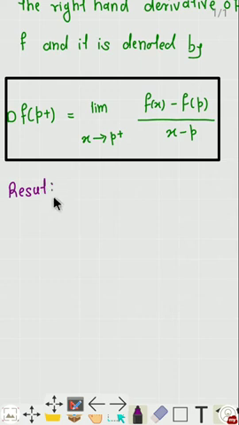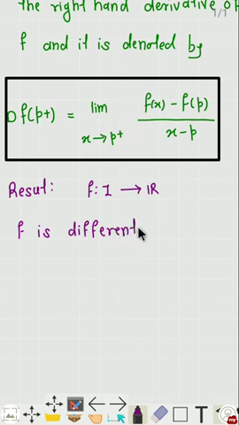The result says that if f is a function from interval I to the set of real numbers R, and I is an open interval, then f is differentiable at p belonging to I if and only if it satisfies the following three conditions.